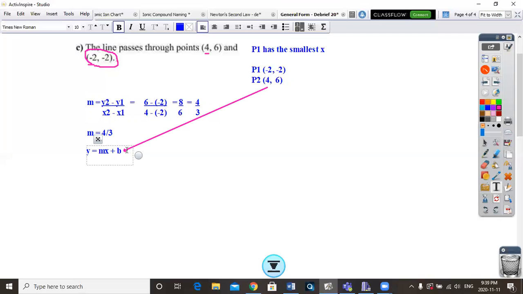So P2 x is 4 and y is 6, so 6 equals m, which is 4/3, so 4 over 3 times x, which is 4, plus b. So we have 6 equals 4/3 times 4 plus b.